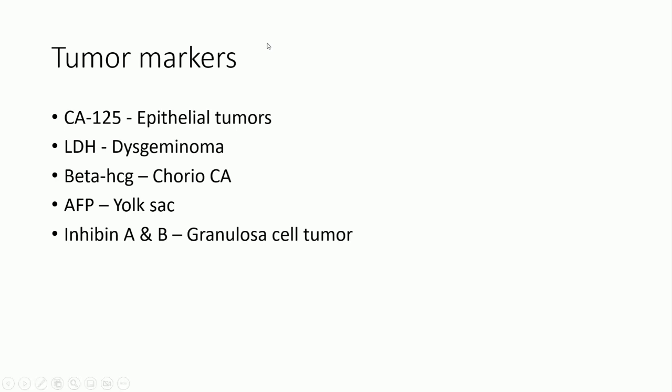There the age plays its role. If the patient is an elderly patient, like a postmenopausal or perimenopausal one, then we have to think about the epithelial tumor only, mostly. Rarely they can have a germ cell tumor. Almost every time they will be having the epithelial tumor. So we have to only do CA 125 in an elderly patient.